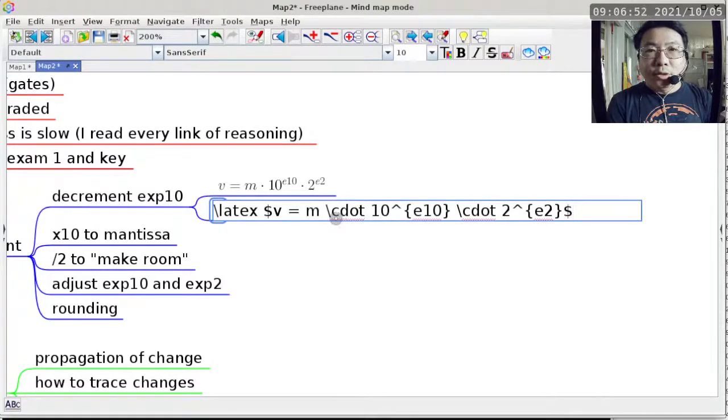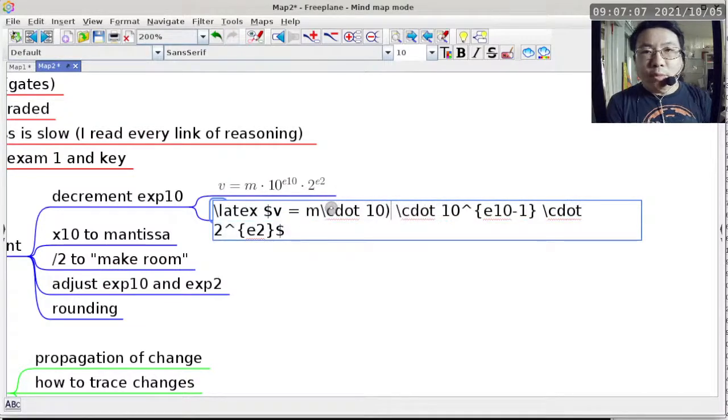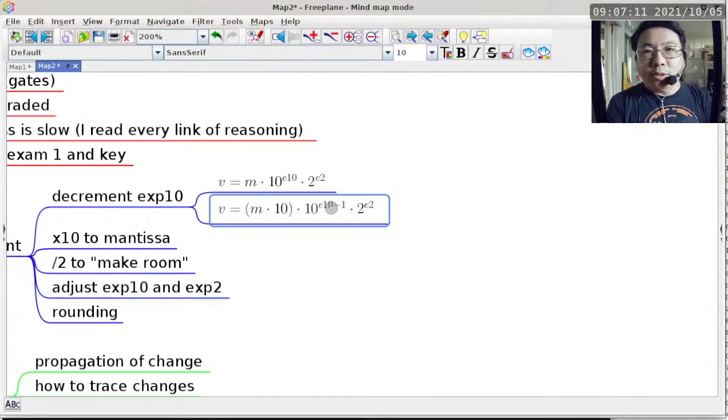All right, so what we're going to do is decrease the exponent of 10 by 1, so I want to subtract 1 from here. But if I subtract 1 from here, that means I have to multiply the mantissa by 10. I'm going to do this first, and when I press the enter key, it will become more clear what this is representing. So by multiplying the mantissa by 10, I can now decrease 1 from E10.